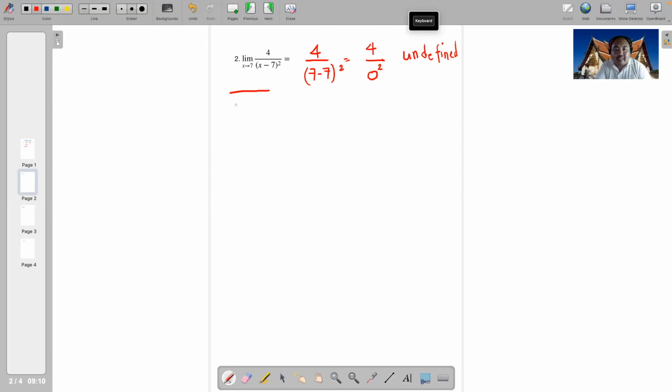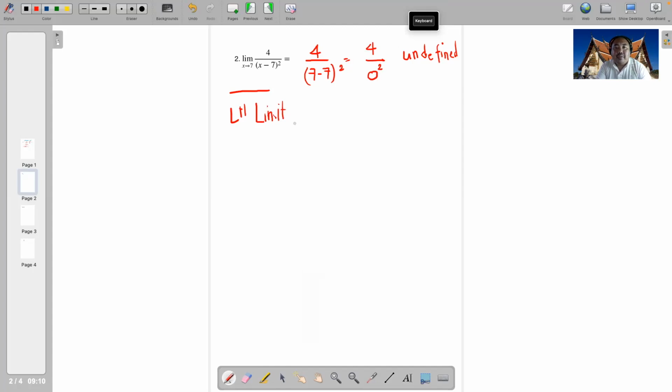So let's check first the left hand limit and see if they agree with the right hand limit.